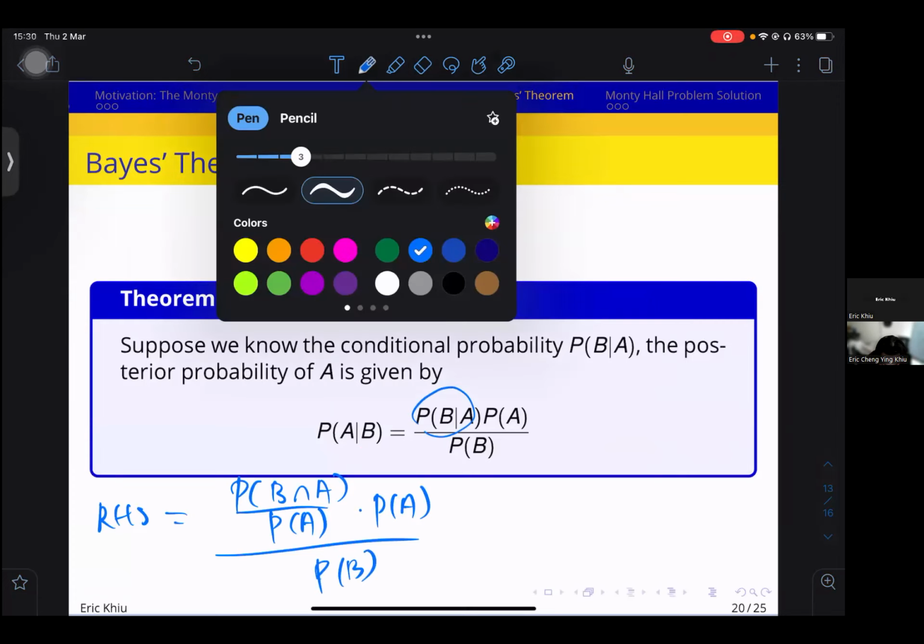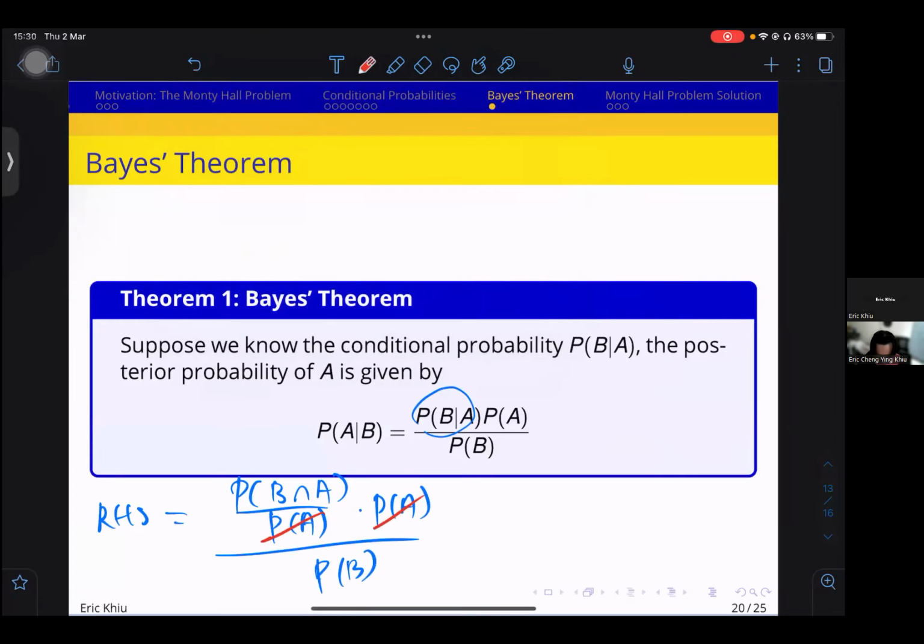And as you can see, we can happily cancel out P of A. Because set intersection is commutative, we can swap the order over P of B. And again, by definition of conditional probability, this is P of A given B. Okay, so this is how we can easily prove Bayes' theorem.